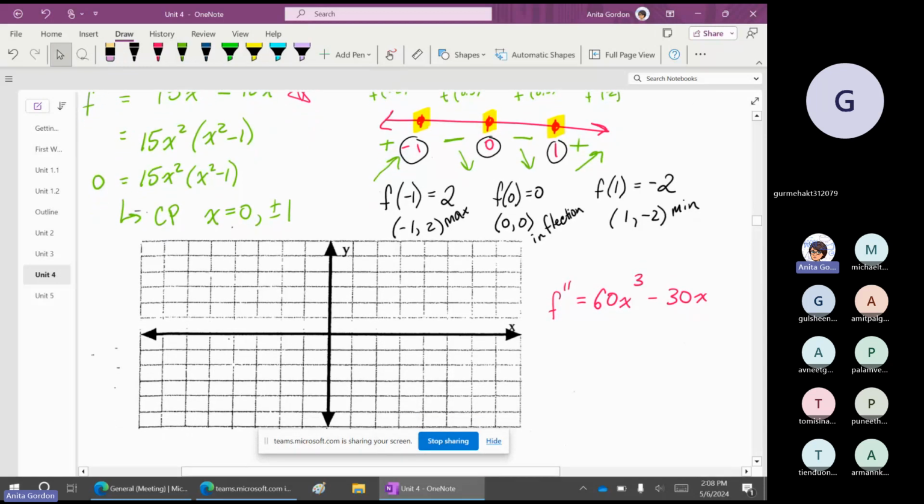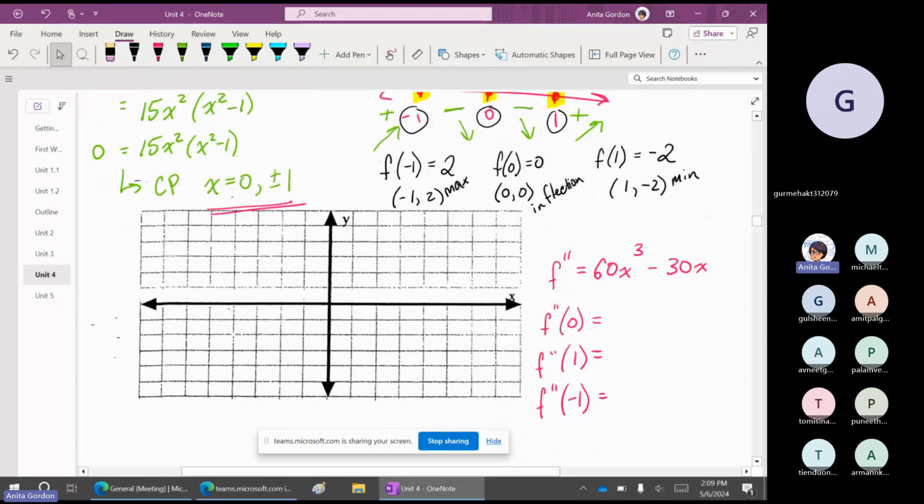Okay, so now I'm going to test F double prime at its critical points: 0, F double prime at 1, F double prime at -1. And again, here I'm just looking at positive or negative, concave up, concave down.